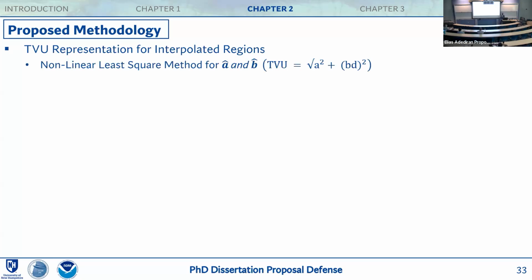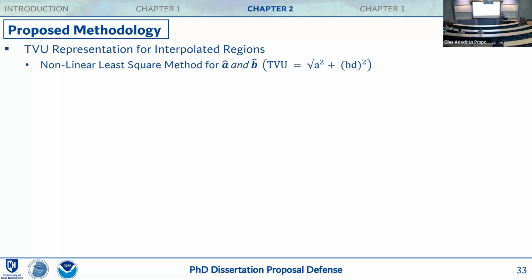I'm proposing, and I've also maybe done some part of this work, to use non-linear least square methods to estimate the A and B. When I mean A and B, it's based on the IHO model for TVU, which is the square root of A squared plus (B times D) squared.